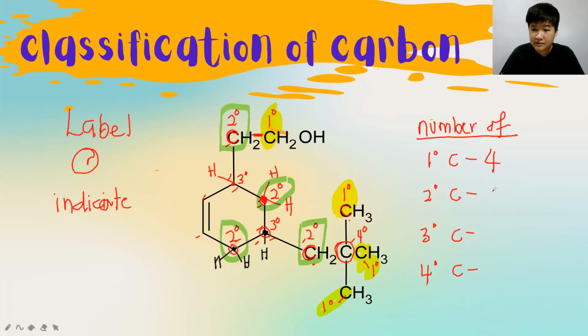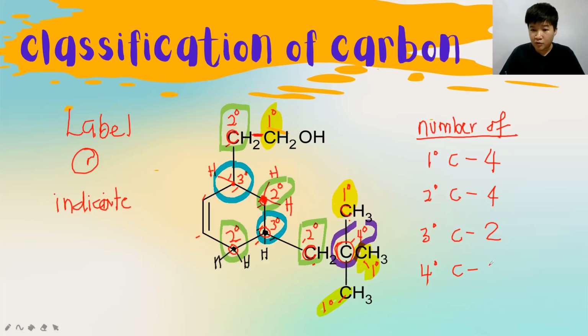So for the secondary carbon, the total that you have is 4. Moving on to your tertiary carbon. How many tertiary carbon do you have? You have 1 tertiary carbon, 2 tertiary carbon. So you have 2 tertiary carbon over here. Last but not least, quaternary carbon. You only have 1 quaternary carbon.